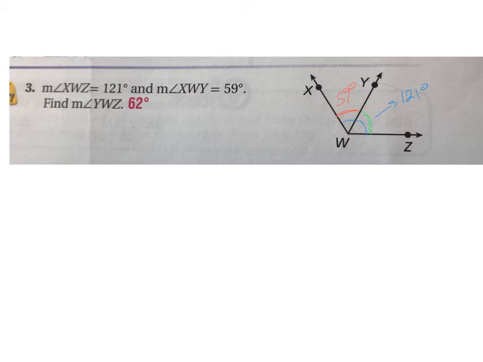So if we think about how that sets up, what we want to say is that the angle XWY plus the angle YWZ should equal angle XWZ. Then we can do some substitution here. So if we were writing a proof, we would say this is angle addition postulate.